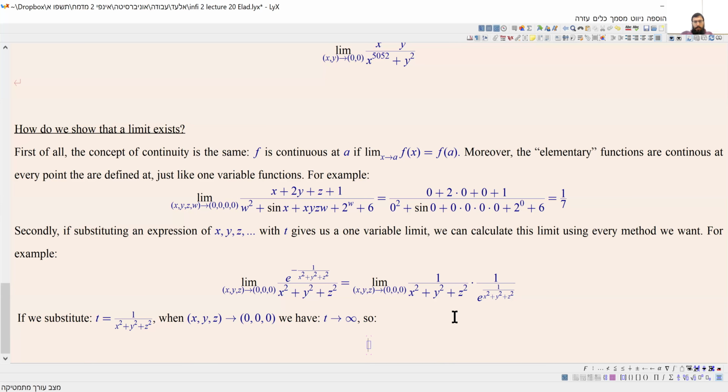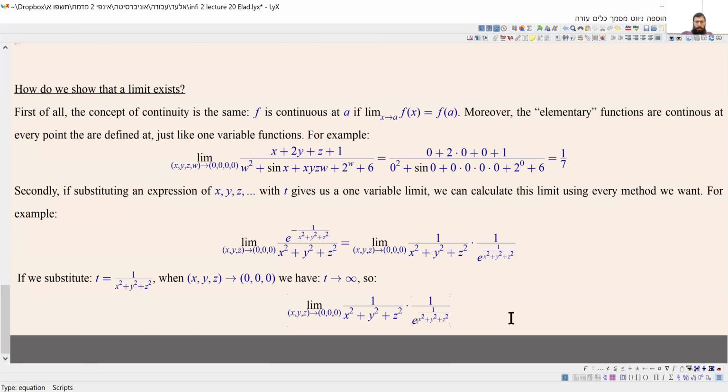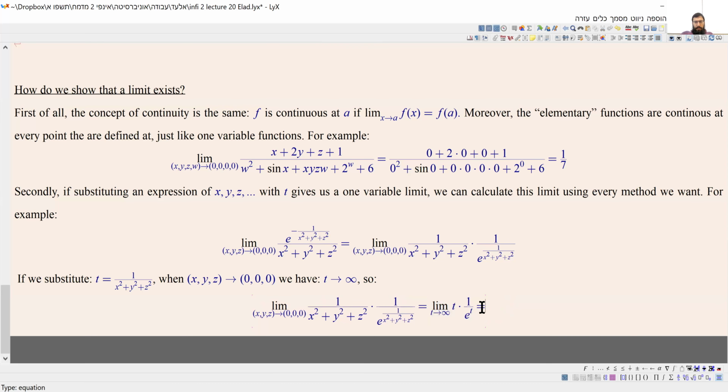So our limit becomes the limit as t goes to infinity of t multiplied by 1 above e to the power of t, which can be written as t above e to the t.